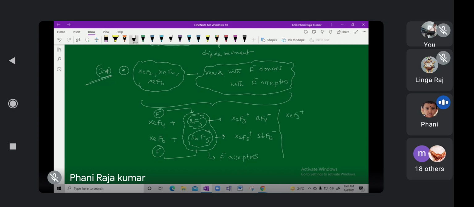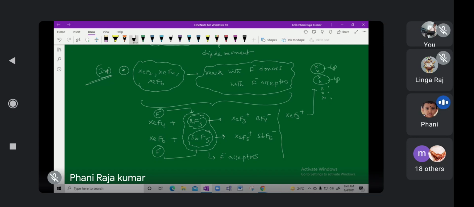XeF3 plus: 7 electrons, 4, 5, 6, 7. Positive charge, removing 1 electron. So 3 fluorines, 2 lone pairs.